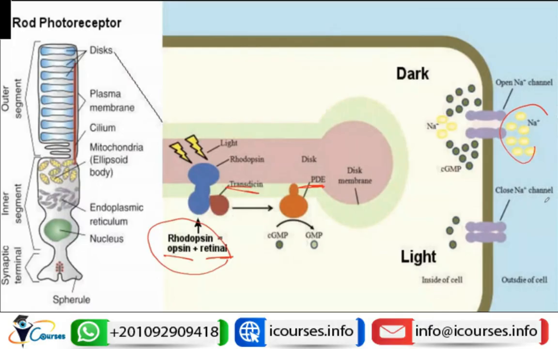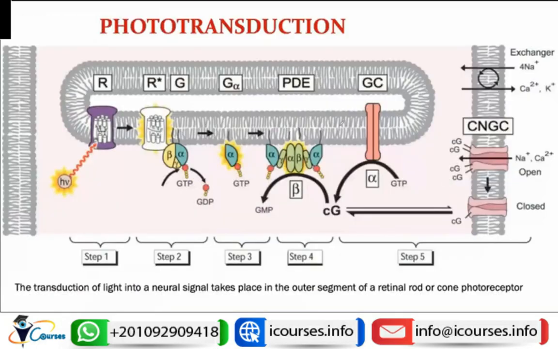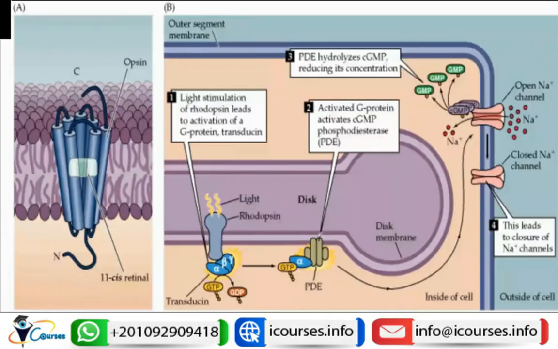So the sodium channels will be closed, so it will not be able to enter inside the cells, leading to hyperpolarization and leading to stoppage of glutamate, so the impulse will be transmitted to the bipolar cells. We will see many examples so that you can understand the whole process again and again.